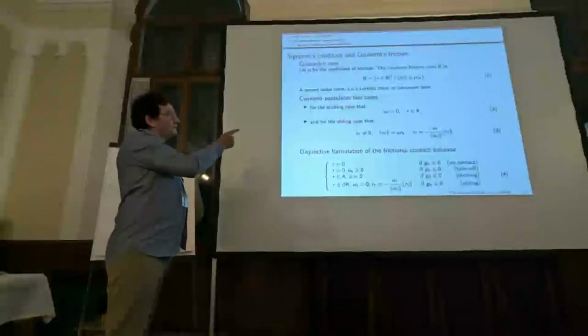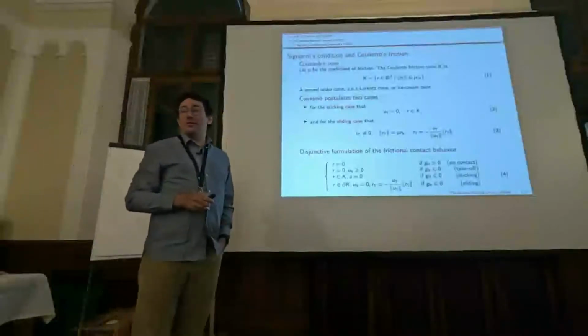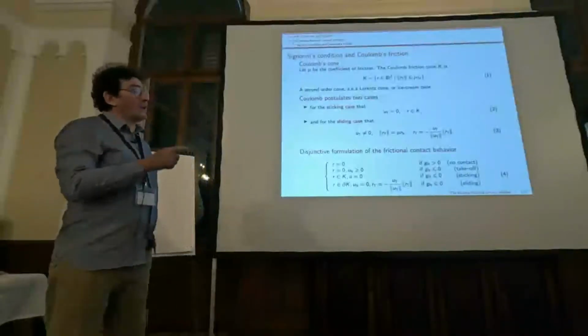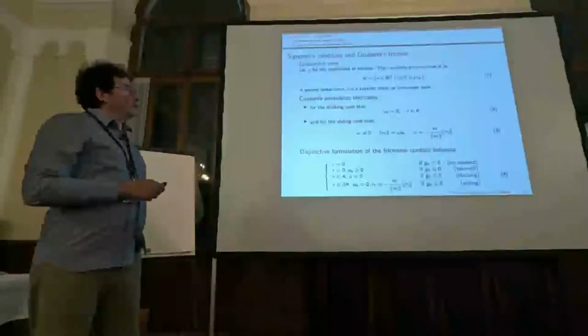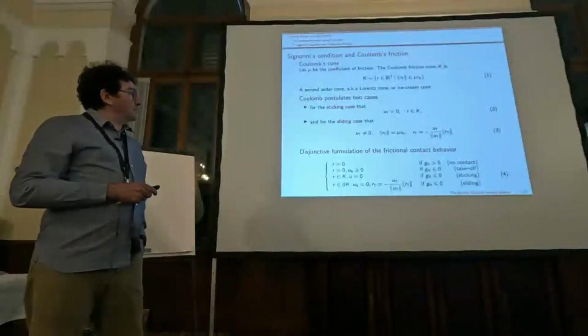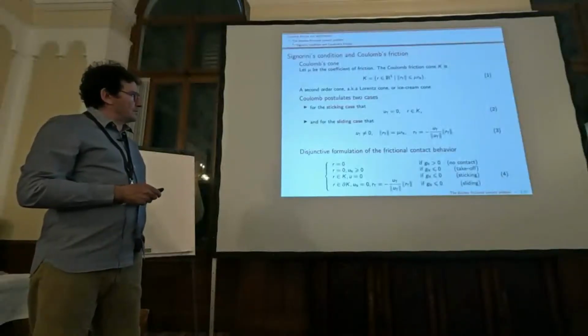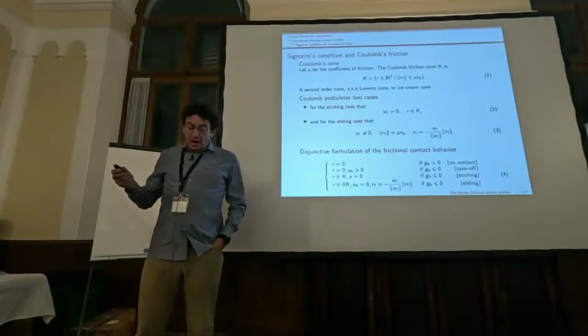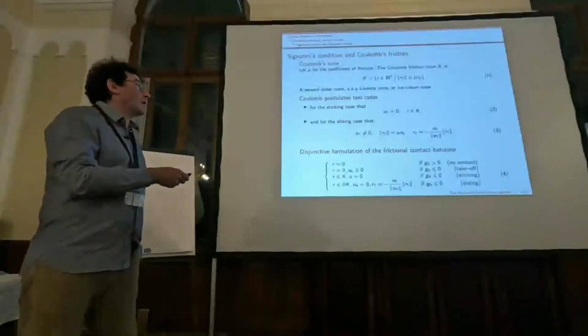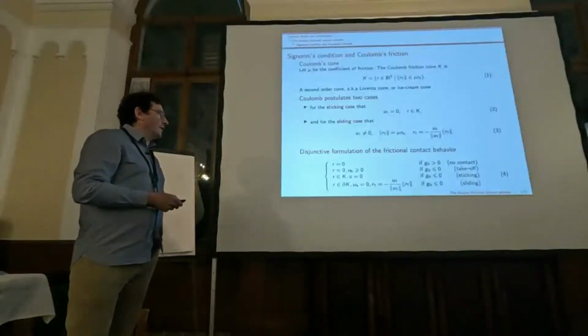The sticking case: the tangential velocity is equal to 0 and R has to be in the cone. And the sliding case, where the norm of the tangential velocity is positive, and R is on the boundary of the cone, so the norm of Rt is equal to mu Rn.